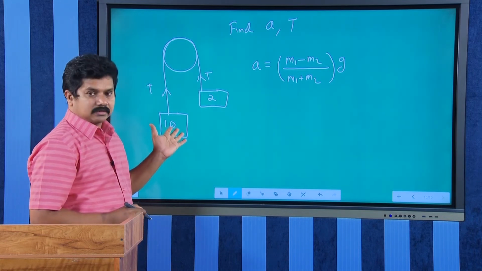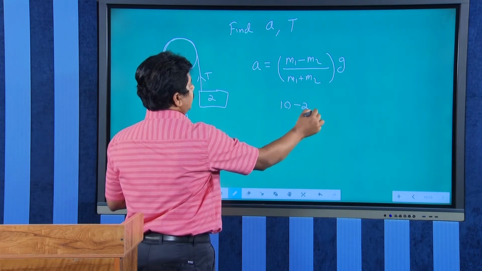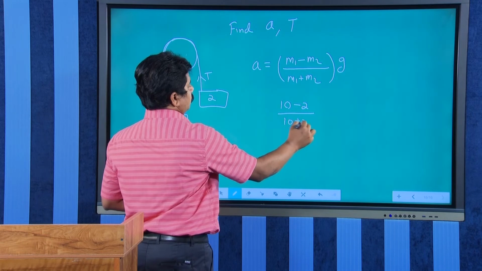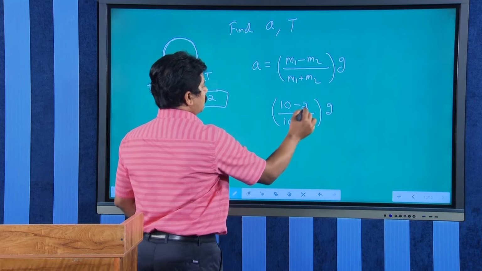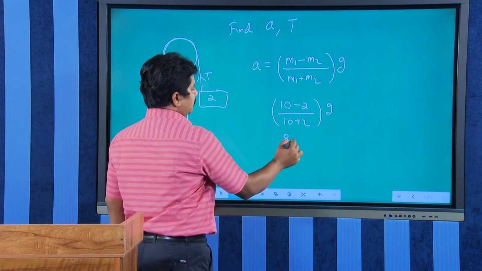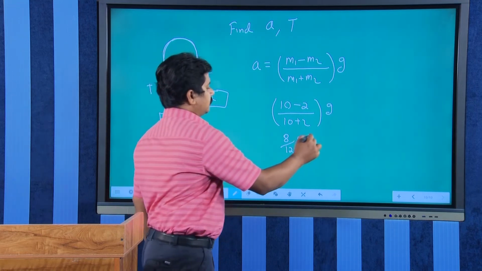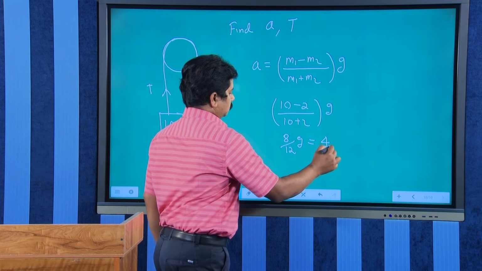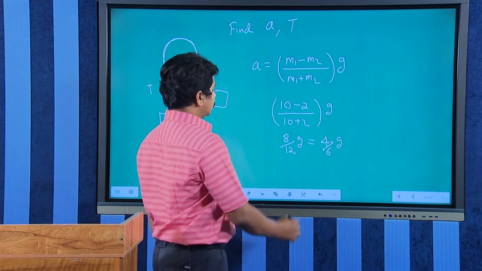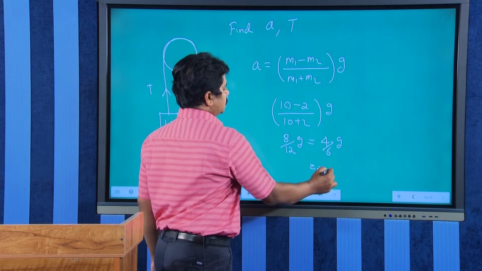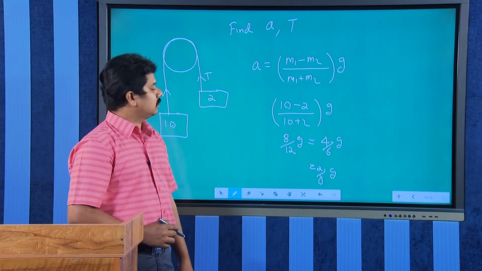So, take m1 as 10 kilogram here. So, 10 minus m2, which is 2, by 10 plus 2, into G. So, how much is it? 8 by 12 G, or 4 by 6, or 2 by 3 G. If we take G as 10, we can write 20 by 3, or 9.8.